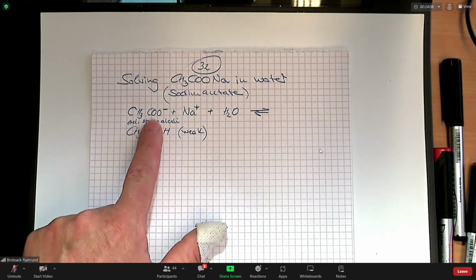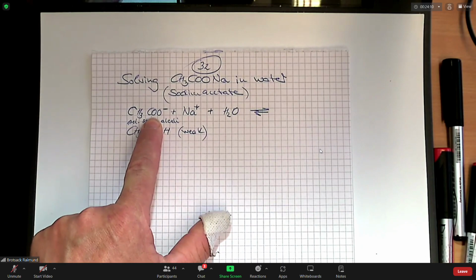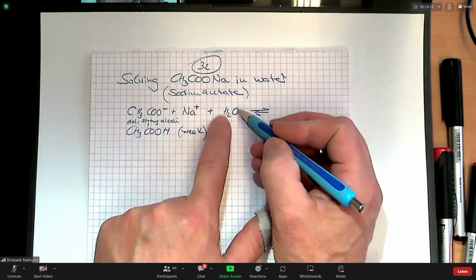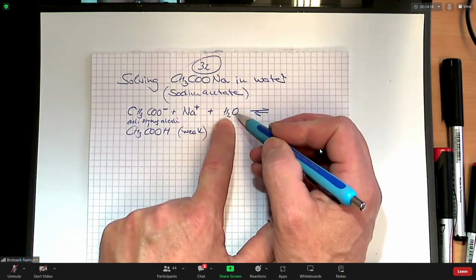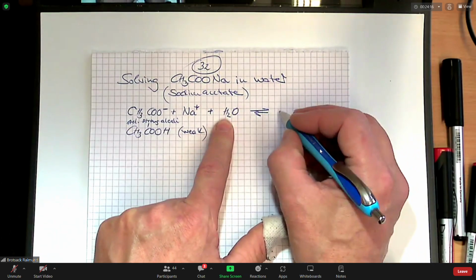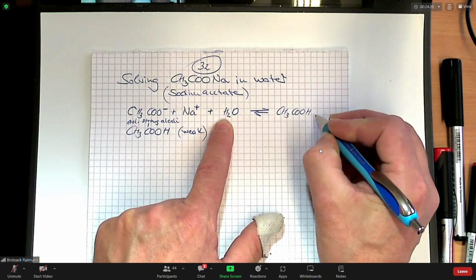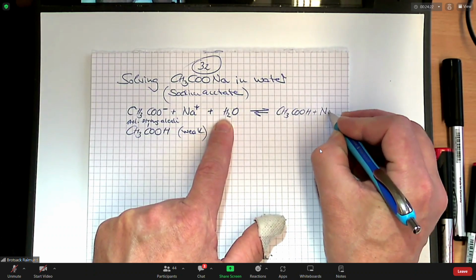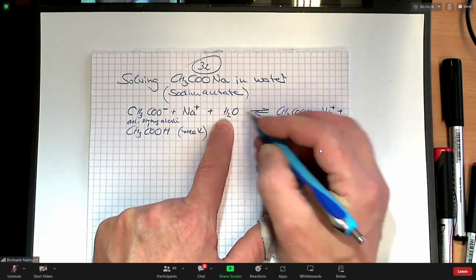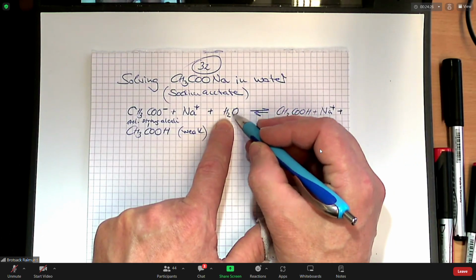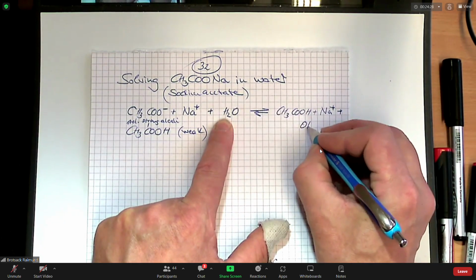So this acts as an alkali. What happens? It takes the proton from the water. Then we have the acid here. We have the Na+ ions, and it took a proton, so we have OH-.